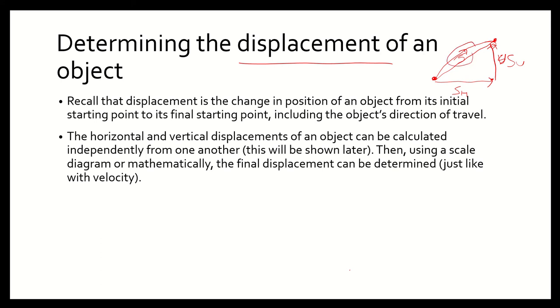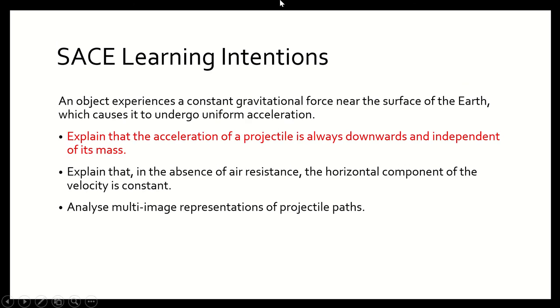So if it asks you to find the displacement, you're going to have to add the horizontal component of displacement and the vertical component of displacement vectorially, tip to tail, and then calculate the resulting displacement using Pythagoras' theorem. Yeah, you could also use a scale diagram, but I've recapped all that. So I'm going to stop that video here.